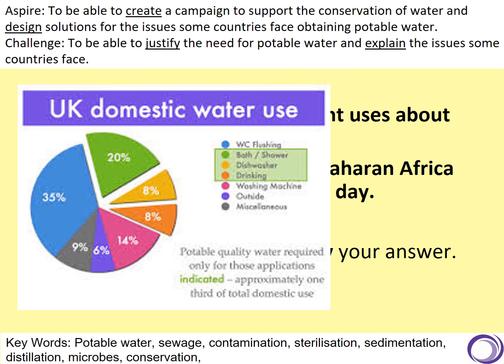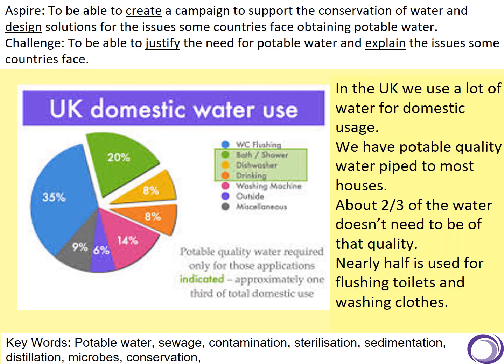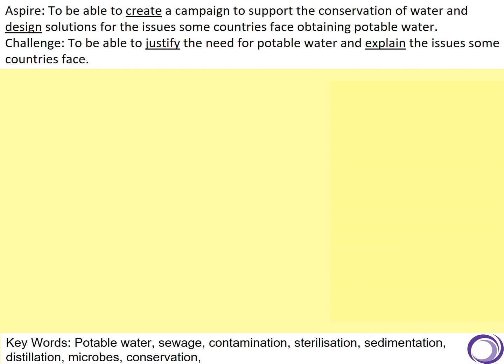But a lot of the other common uses of water could actually be different sources of water that don't need to be quite so clean in order to be used. So about 2/3 we reckon, and nearly half of what we use is simply for flushing toilets and washing clothes. And we don't need to use all of that fresh water in order to do that.